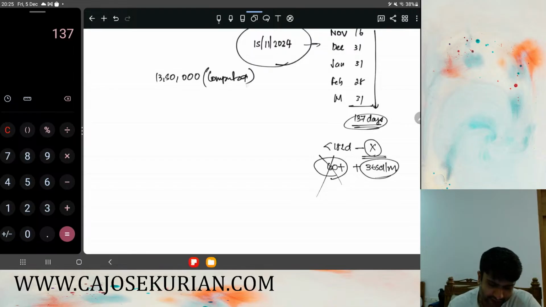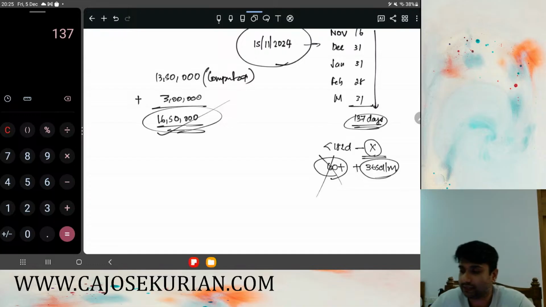That means the standard deduction and other things have already been adjusted. Plus she got a dividend income from an Indian company of rupees 3 lakh. So altogether her income will be 16 lakh 50,000.